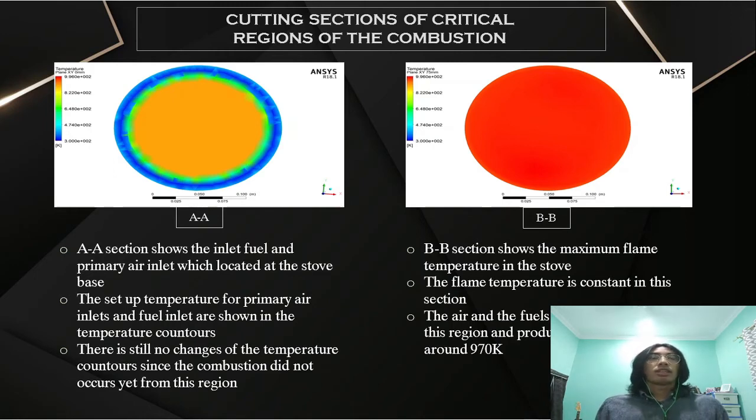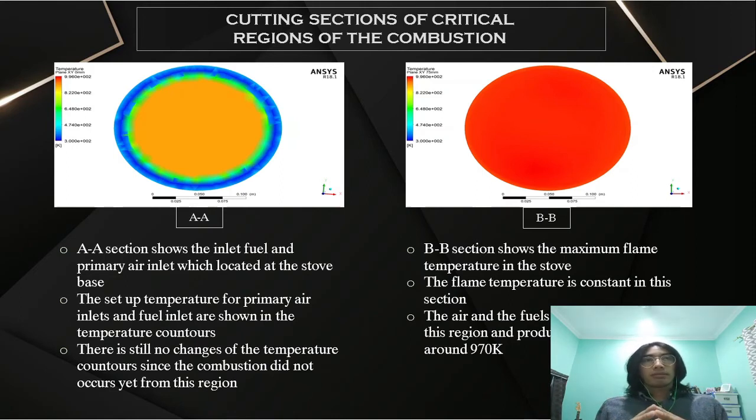Next, the BB cutting section shows the maximum flame temperature in the stove. As you all can see, the deep red color is constant around the circle regions, which shows that the flame is not affected by any air or any substances.